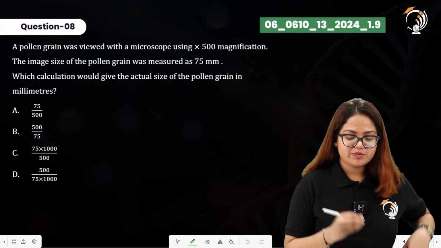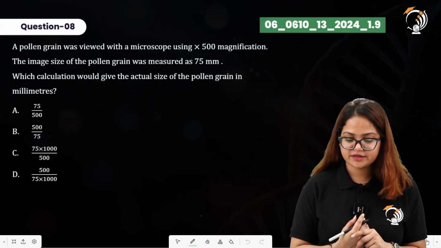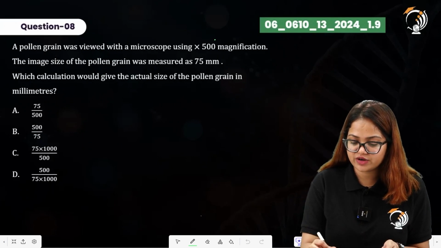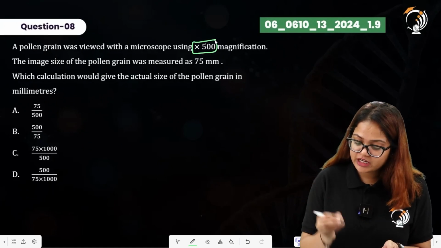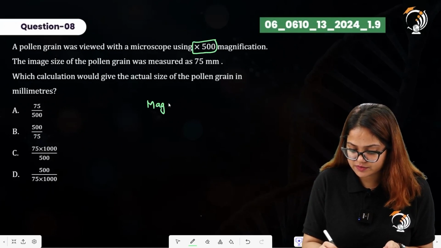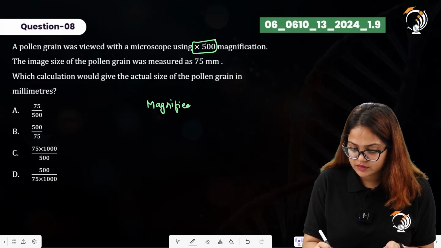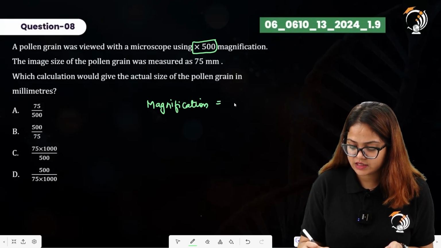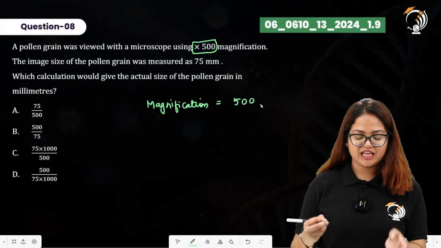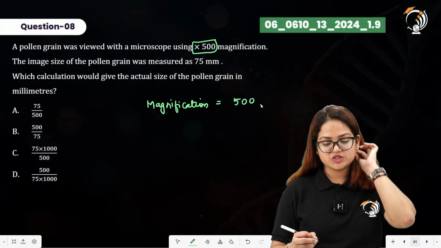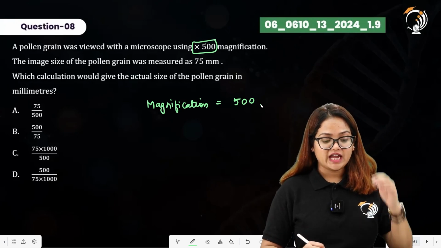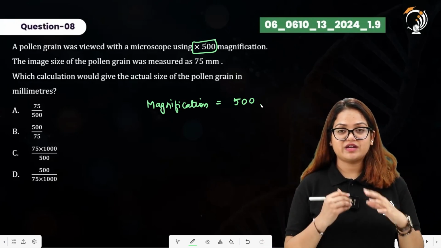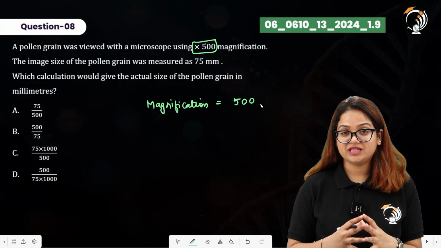Question number 8 says a pollen grain was viewed under a microscope using 500 magnification. So we are already provided with magnification here. Magnification is 500 times. The image of the pollen grain was measured as 75 millimeter. And whenever we talk about the image size, we are going to relate it with the magnified value.